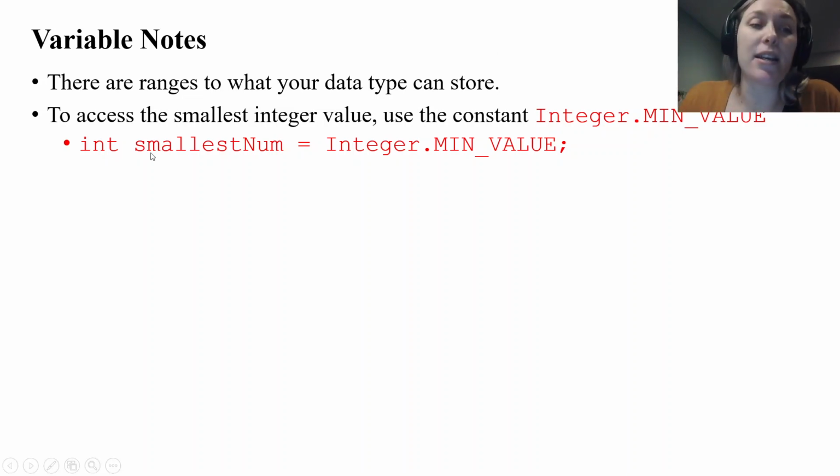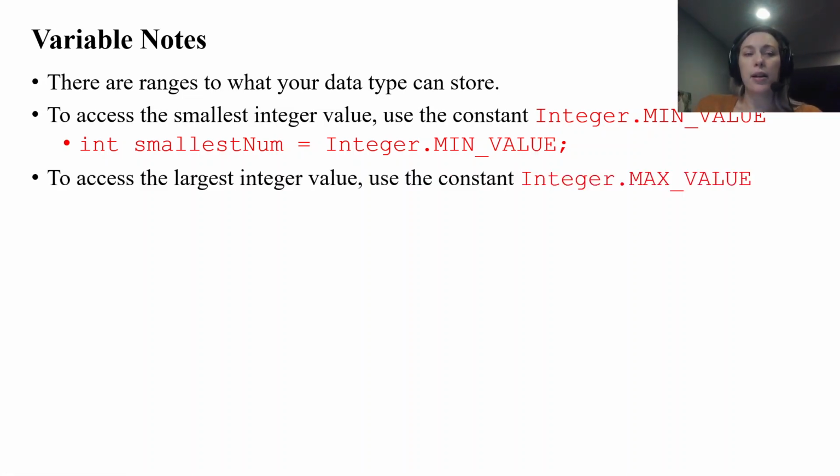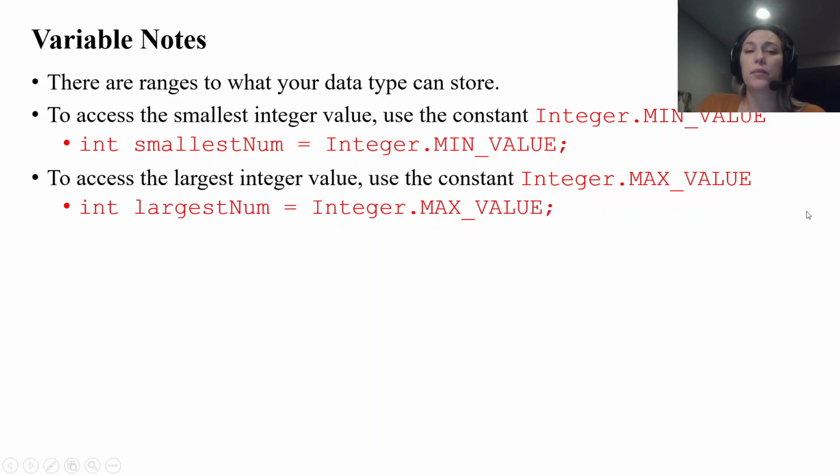We would say int, we would label it smallest num, equals, and then instead of actually looking up what the smallest number is, we just use this constant that's already available to us. Same thing with the largest integer value, integer.max underscore value.